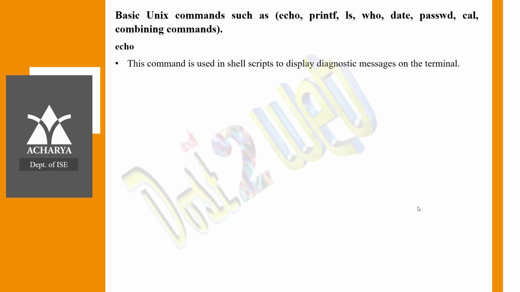You can reframe it also: whatever we type into the shell command, it will display the same. That also can be a definition, anything you can form. It is clearly mentioned that the display will be on the terminal, the result will be on the terminal itself.